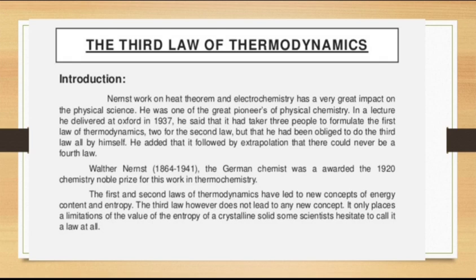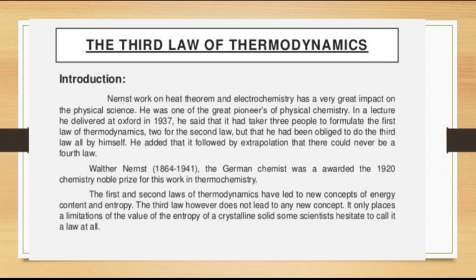In one lecture which he delivered at Oxford in 1937, he said that it had taken 3 people to formulate the first law of thermodynamics, 2 people for the second law of thermodynamics, but that he had been obliged to do the third law all by himself. He added that it followed by extrapolation that there could never be a fourth law, only third laws would be there.